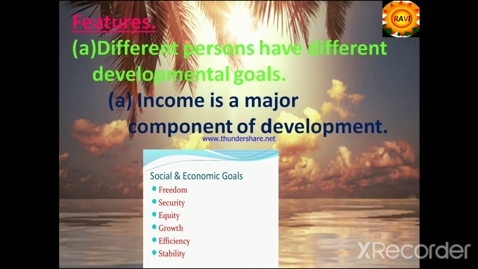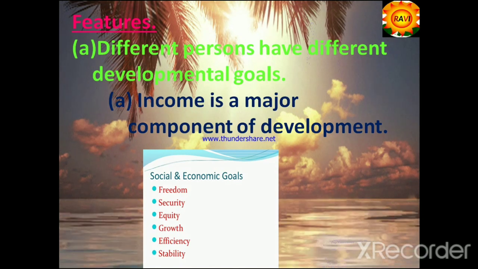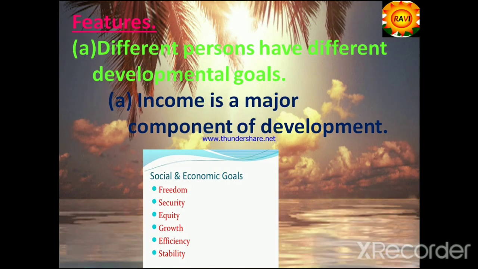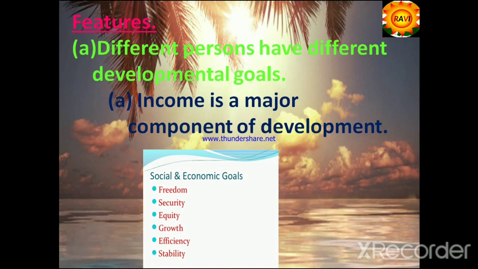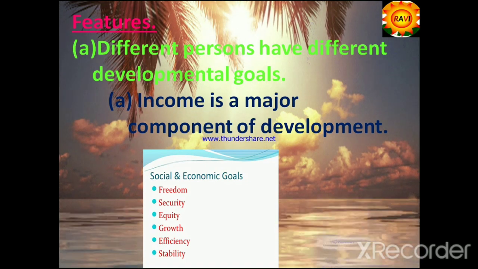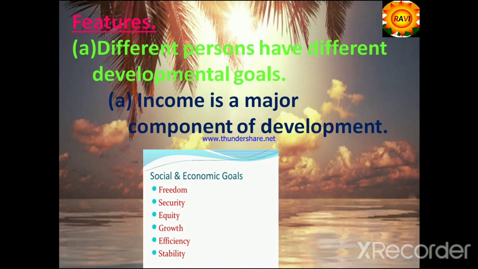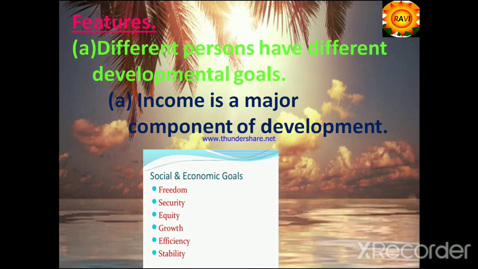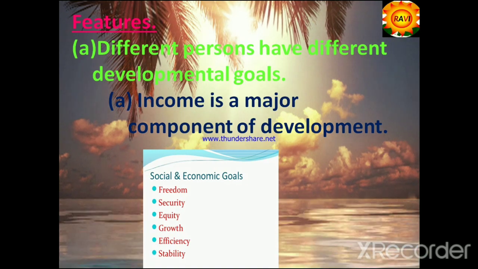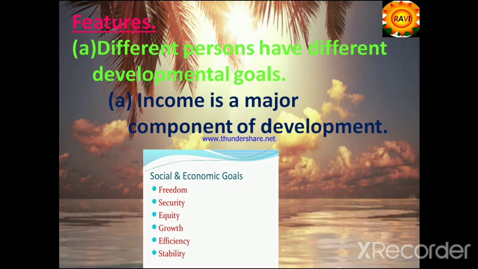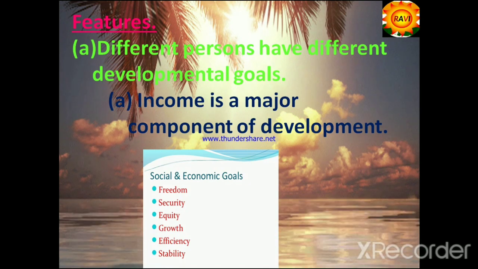Yes, basically every development requires income. Without income, we cannot see any kind of development in a country, in a state, in a district, or even in our home. That is why for the first step of development, income is essential. With income, many other aspects are required: freedom, security, equity, growth, efficiency, stability.